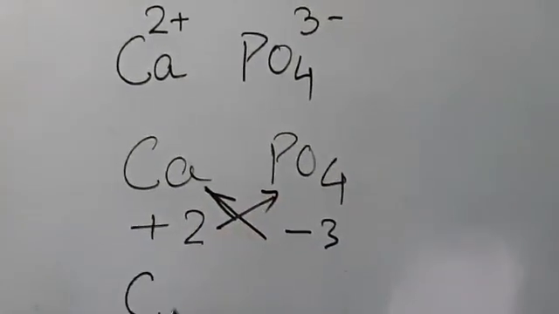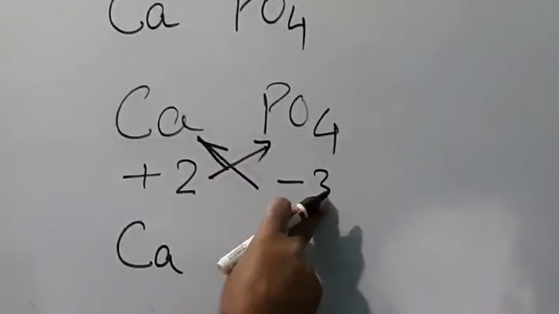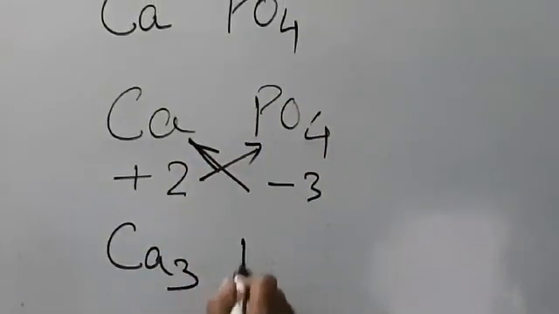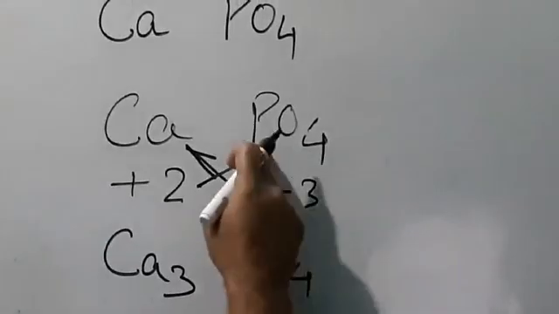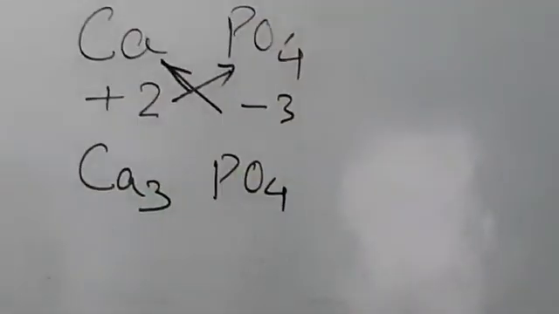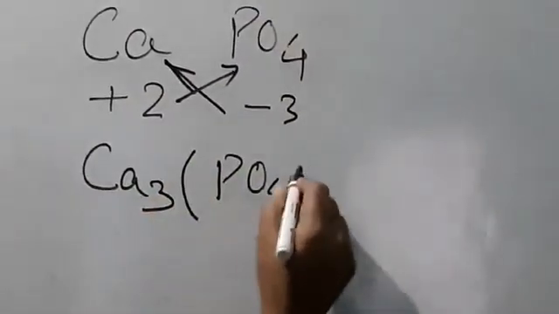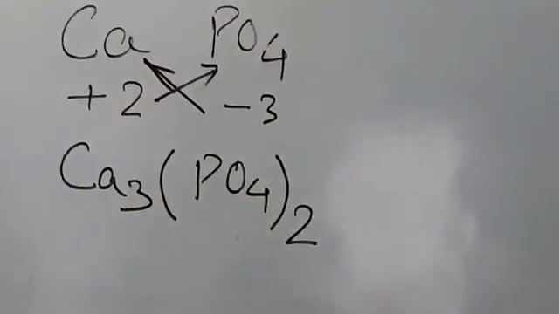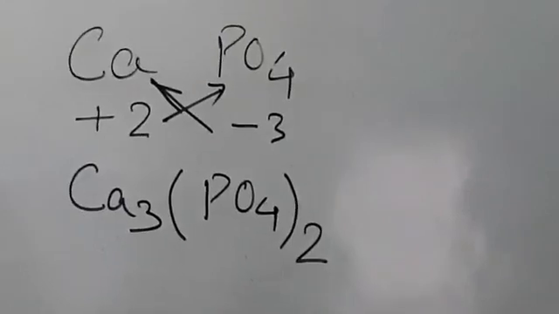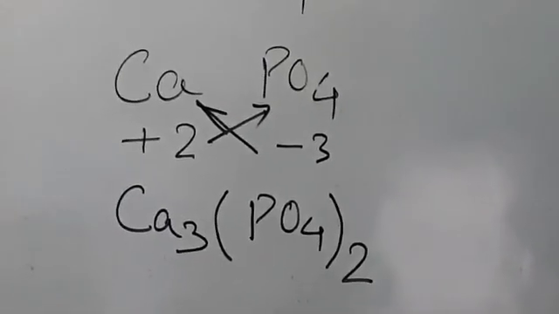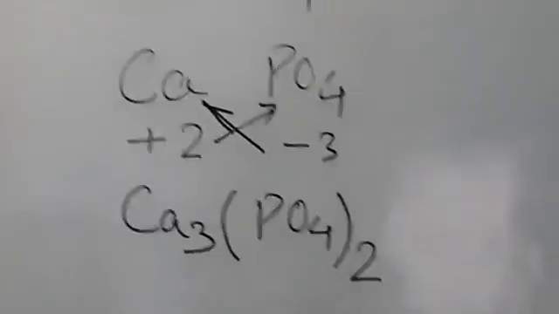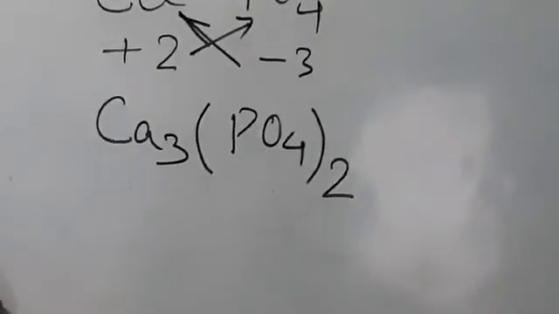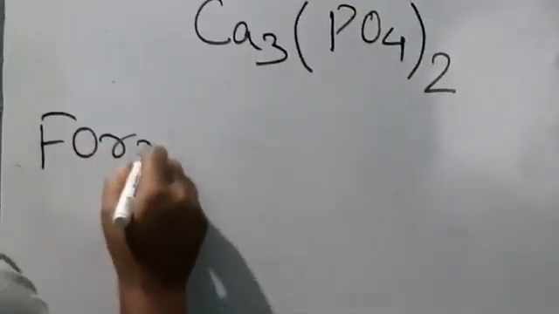So now Ca got 3 and PO4 got 2. Since it contains more than one atom, in that case we make use of a bracket. So the formula of calcium phosphate is Ca3(PO4)2.